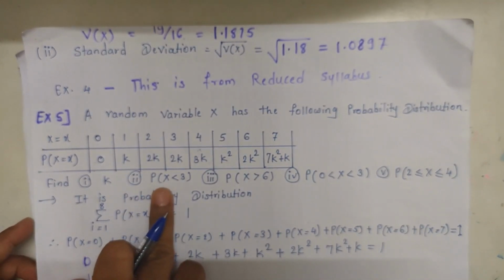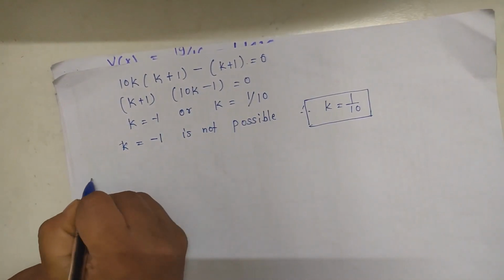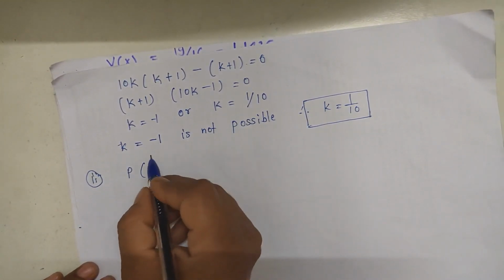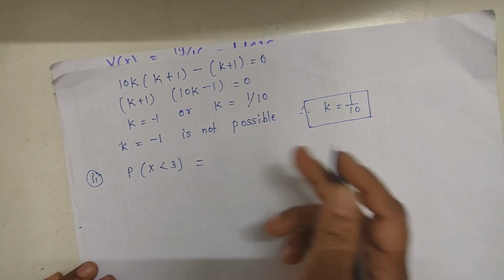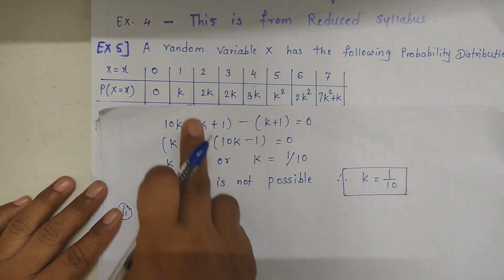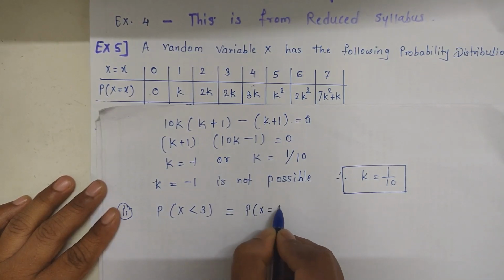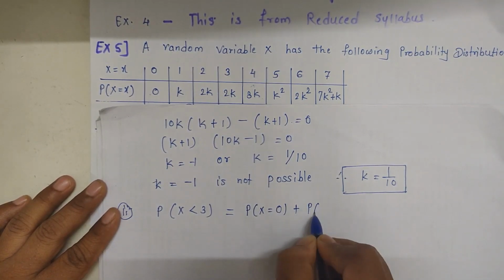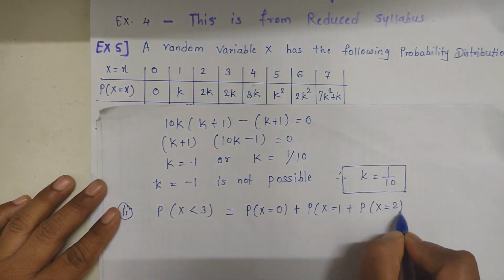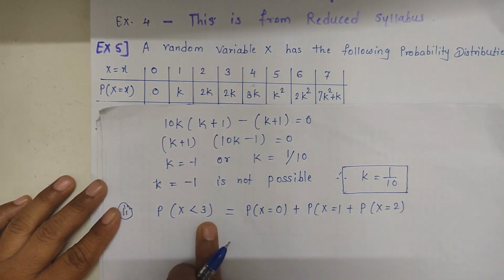find the value of probability x less than 3. So here we have to find the next value, probability of x less than 3. Here the possible values of x less than 3 are 0, 1 and 2. So we can write here probability for x is equal to 0 plus probability of x is equal to 1 plus probability of x is equal to 2. The addition of all these probabilities means probability of x less than 3.